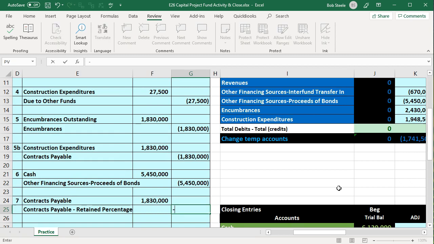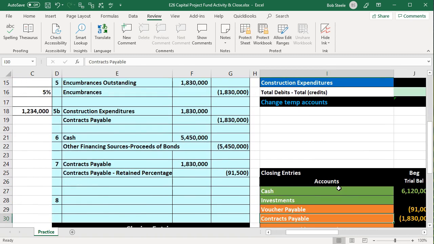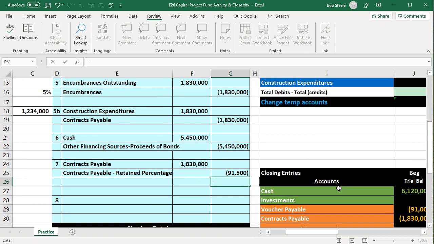And I'm going to say that's going to be negative of this number times how much we retain according to whatever policy we're using, 5% in this case. 5% we're keeping. We'll give you that $91,005 upon completion, is what we say to the contractor. And then we say negative sum in accordance with our contract that we've agreed to previous to this.